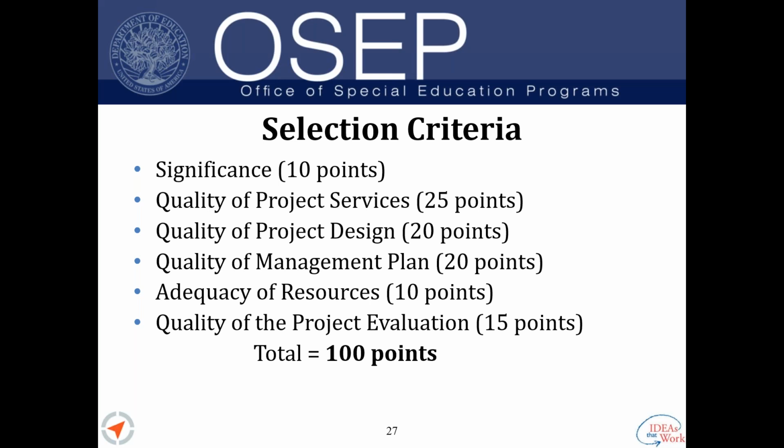Quality of management plan, worth 20 points. Adequacy of resources, worth 10 points. And quality of project evaluation, worth 15 points. So there will be a total of 100 possible points that an applicant can earn. Applicants should carefully review all selection criteria and sub-criteria and address all in their application.